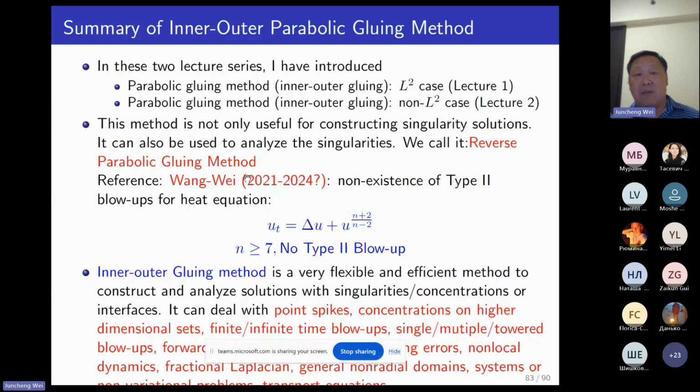For this, I have to refer to this paper. Here in this paper, we developed the reverse parabolic gluing. And we've shown that if you have a type 2 blowup, then what it should be is exactly the one we constructed. And then from this, we get the non-existence of type 2 blowup. Okay, so this is the end of my lecture, and I thank you.